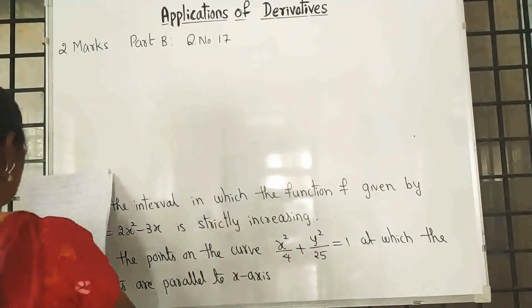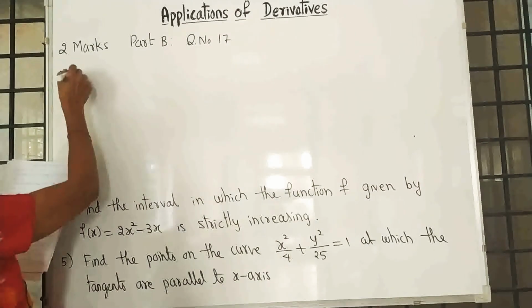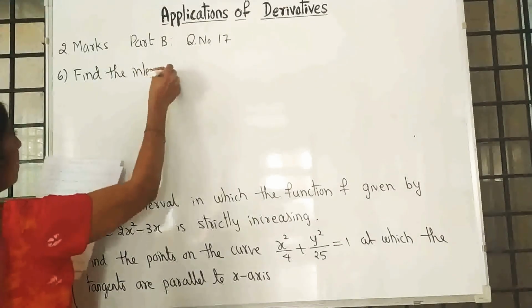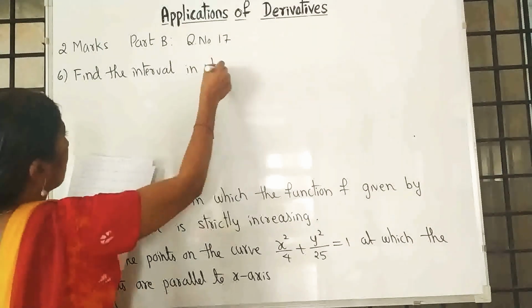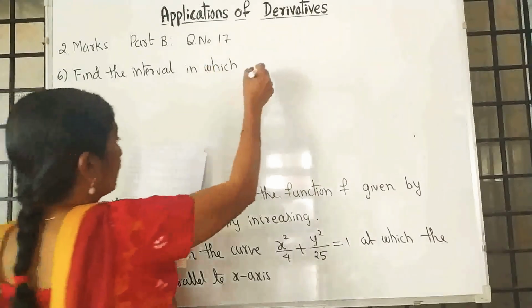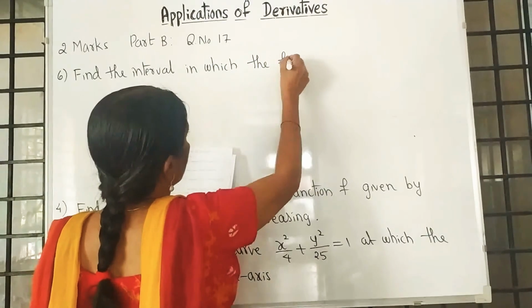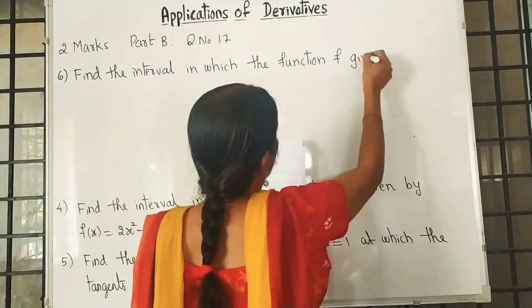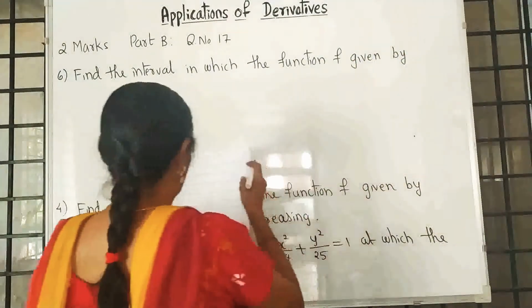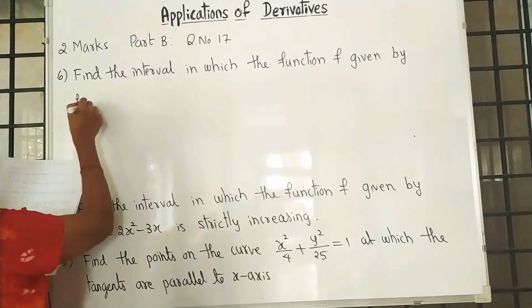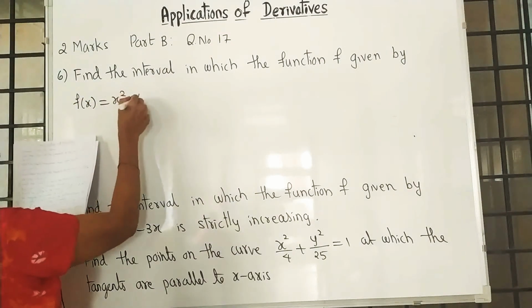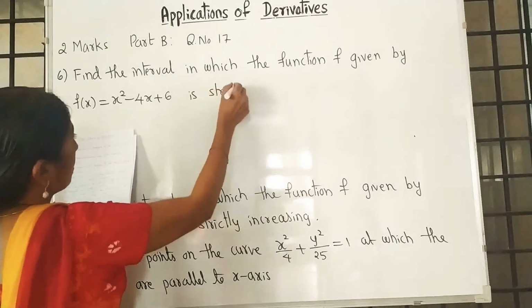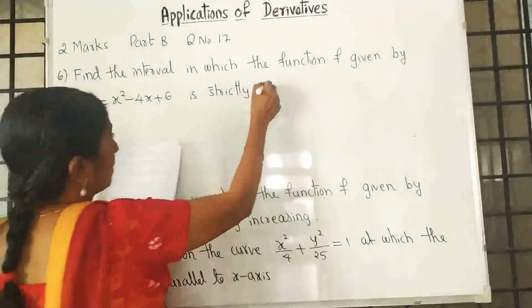Sixth one, find the interval in which the function f given by f of x is equal to x square minus 4x plus 6 is strictly increasing.